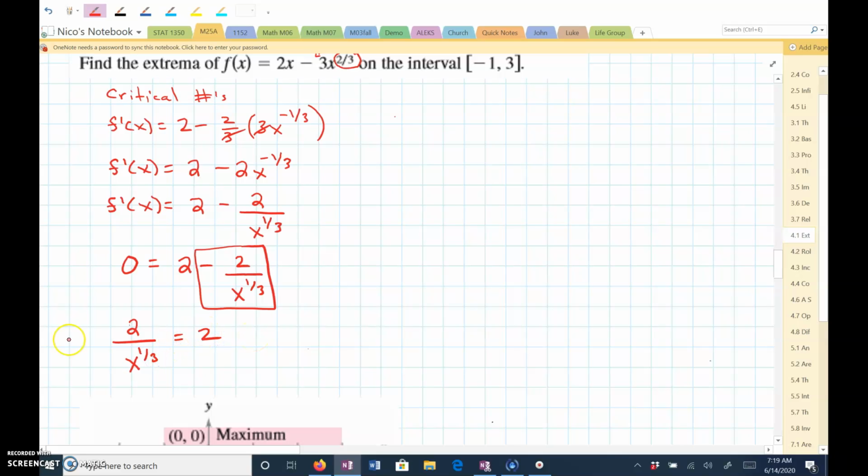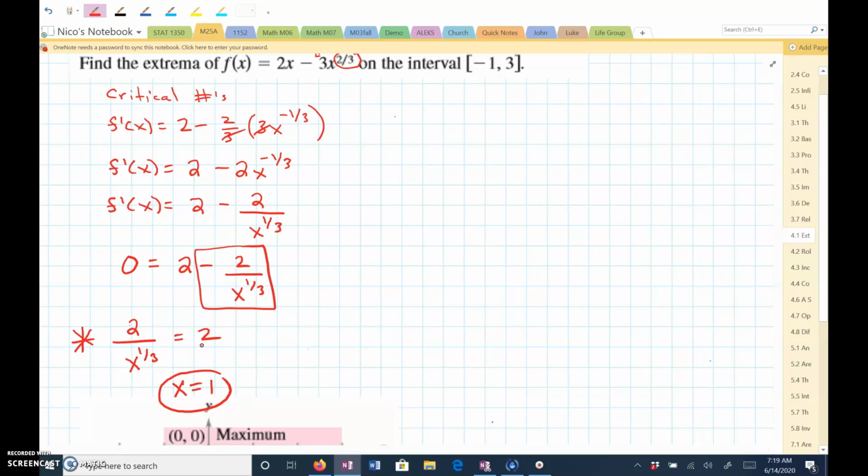And then we could see here, from this point here, the only way this equation could be true is if x were equal to 1. Right? If you plug in 1 here, this would be 1 to the 1/3 power, which would be 1, 2 divided by 1 would be equal to 2.